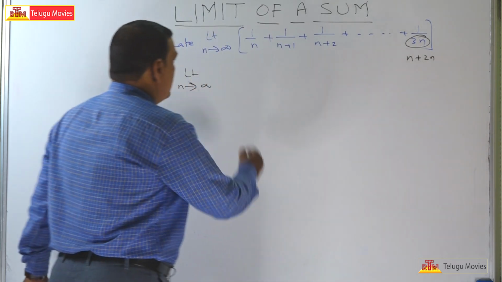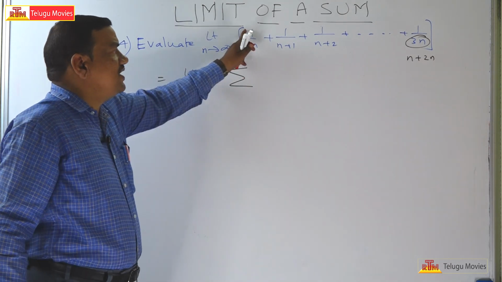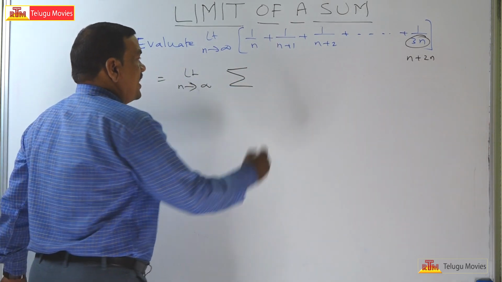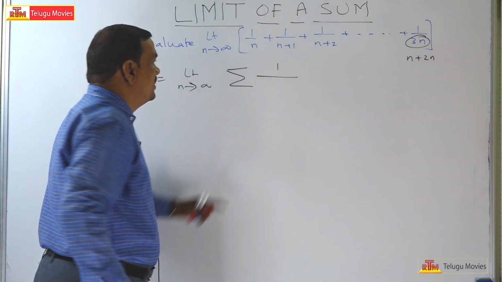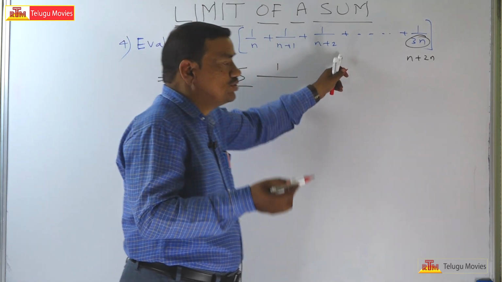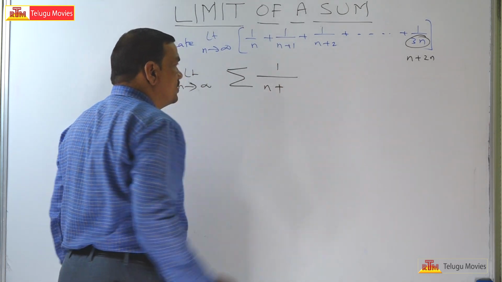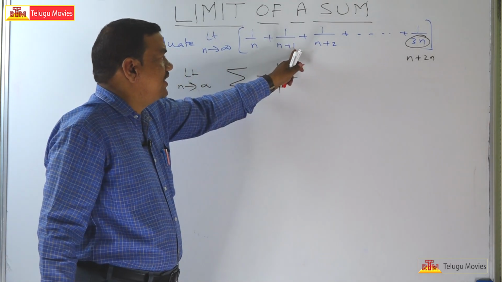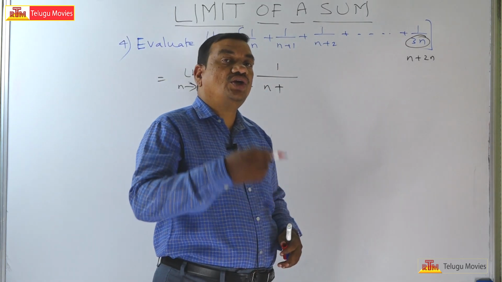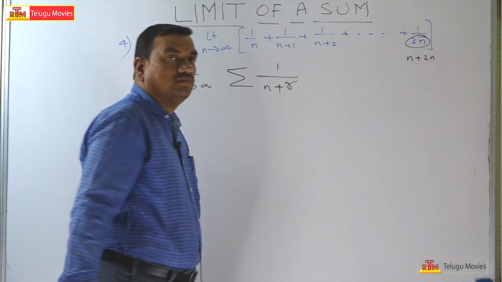So now I am writing it in sigma notation. First the numerator is 1. I write 1 by the denominator. See here, n plus 1, n plus 2, everywhere n is common, so what is changing? Here 1, 2, 3, 4 is the variable. In that place write r.